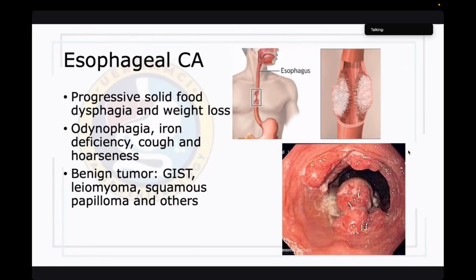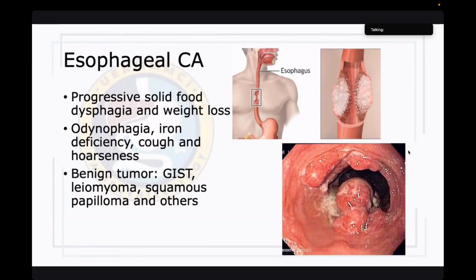When a patient presents with dysphagia initially to solid food only, and then later on they would have difficulty tolerating even semi-solids or liquids, especially if this is associated with weight loss, then always suspect malignancy.